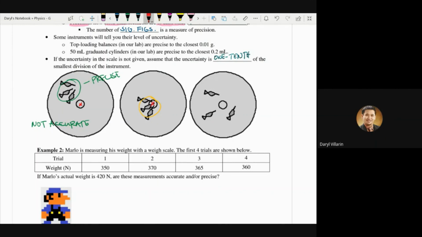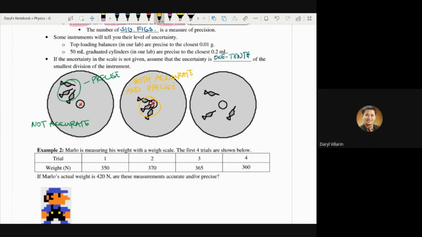So in this particular case, it's both accurate and precise. So this is your ideal situation here. You need to hit the bullseye, and every time you repeat that, you get the same value, the bullseye.